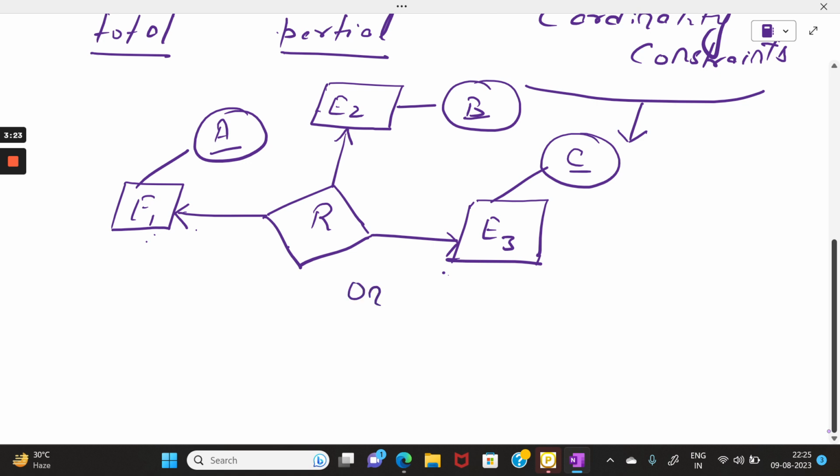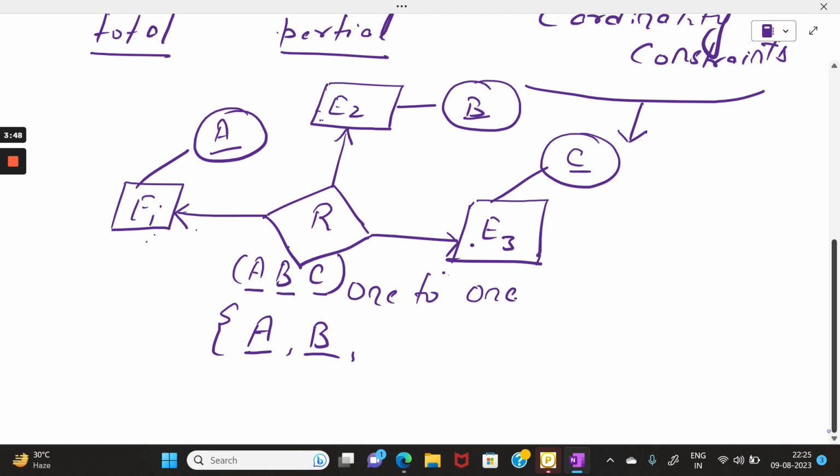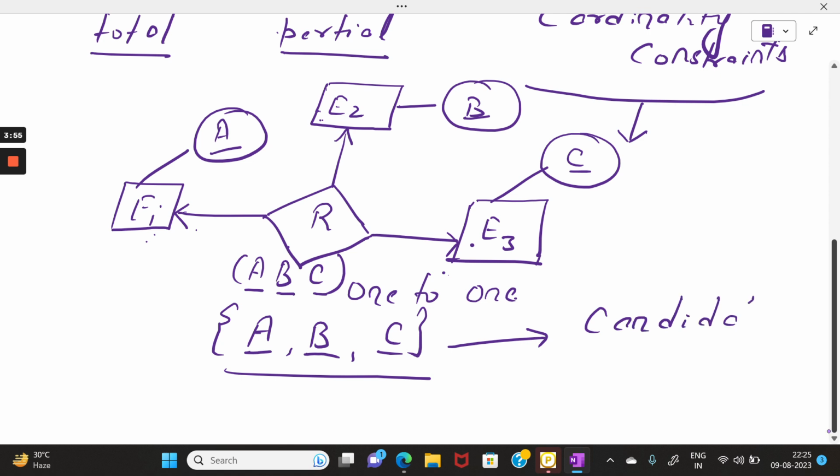One-to-one is usually for binary, but here all these relationships have one-to-one mapping. So definitely A, B, C will come. Since one entity of E1 is mapped to one entity of E2, and one entity of E2 is mapped to one entity of E3, we have the candidate keys as A, B, C. All three are candidate keys for R. So this is one way of determining the candidate keys for the relationship set.